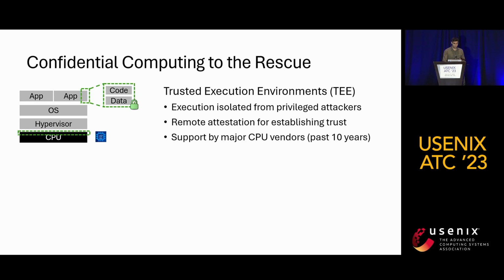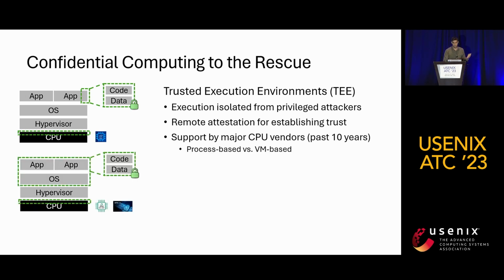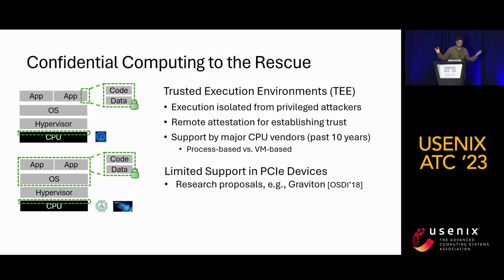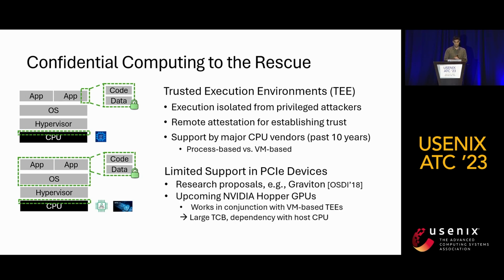And we've seen major support by CPU vendors over the past 10 years. In fact, the support has evolved from protecting one process to protecting entire VMs. Unfortunately, prior to the work I'm describing, we've seen limited support in PCI devices, mainly in the form of research proposals, including our work back in 2018. Very recently, we heard about NVIDIA announcing NVIDIA Hopper GPUs with confidential computing extensions.